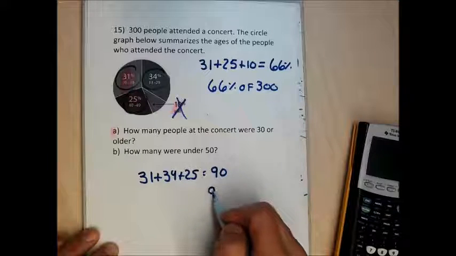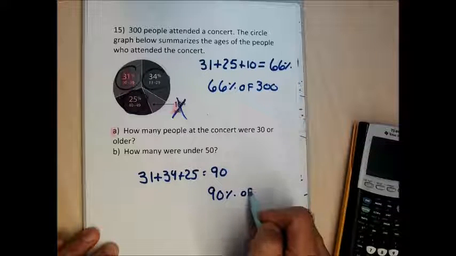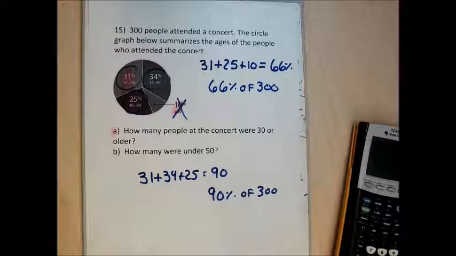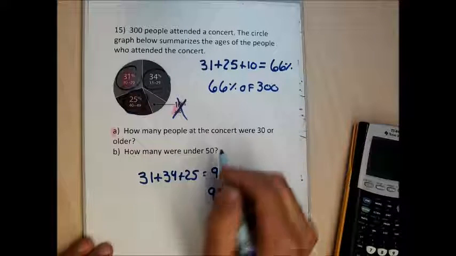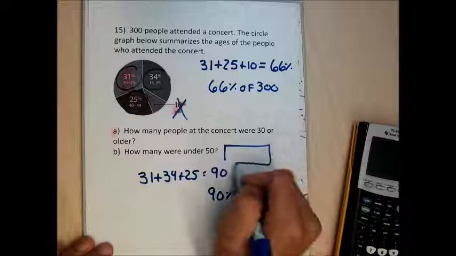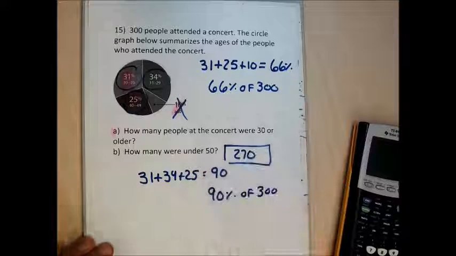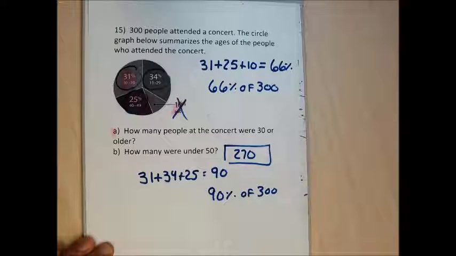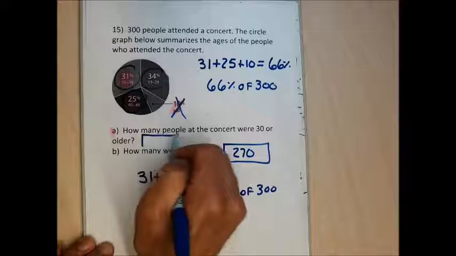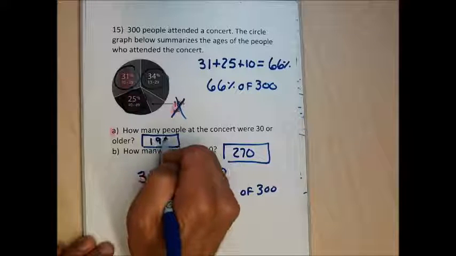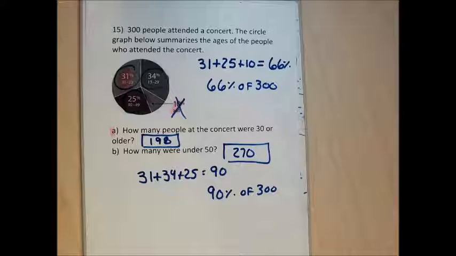And then I'm going to need to figure out what 90% of 300 is. I'll let you do that, but I'll write the answers down. For part B, 90% of 300 is 270 people. There were 270 of the 300 people under 50. And then for part A, just so you could have an answer to stare at, 198 of the people were 30 or older.